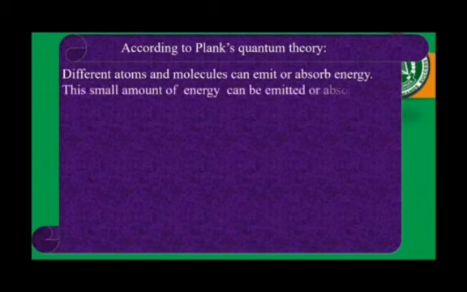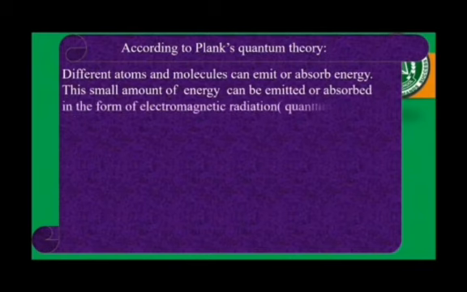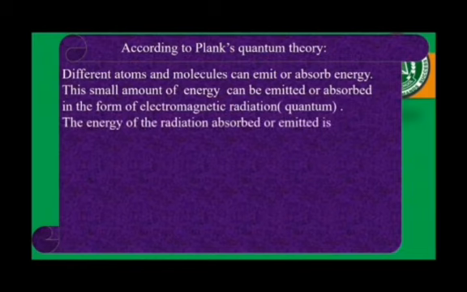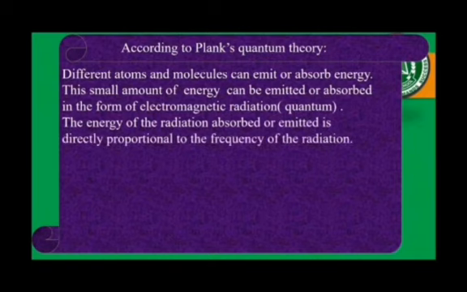This small amount of energy can be emitted or absorbed in the form of electromagnetic radiation, which is known as quantum. The energy of the radiation absorbed or emitted is directly proportional to the frequency of the radiations.